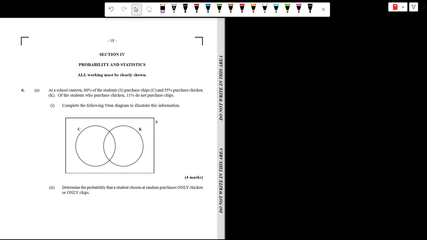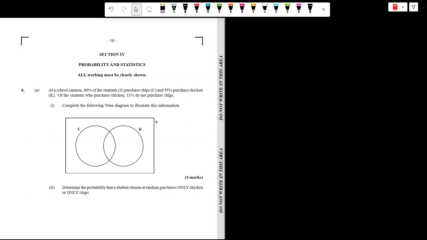At a school canteen, 80% of the students, S, so S represents the entire student population, as is evidenced by being outside the rectangle, which of course is representing the Venn diagram and the entire universal set, right? So 80% of the students purchase chips, C, and 55% purchase chicken, K. Of the students who purchase chicken, 11% do not purchase chips. So this 11%, of course, is important.